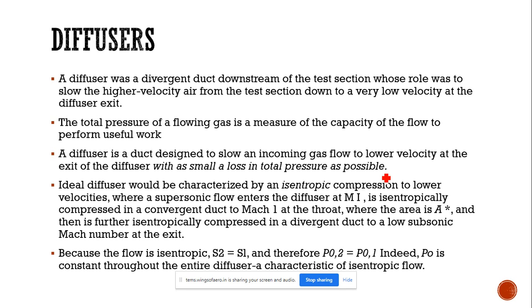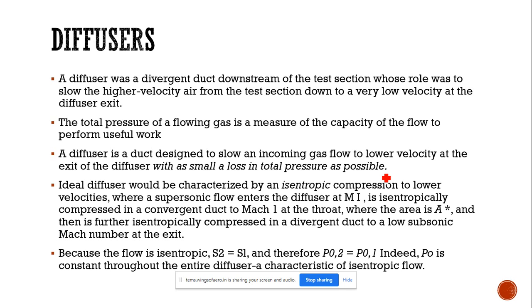So we have some constant area ducts. Normally in supersonics, if we have a divergent section, we can increase the velocity for a nozzle. So the opposite will be used for diffusers. We need a convergent duct so that we can decrease the velocity.